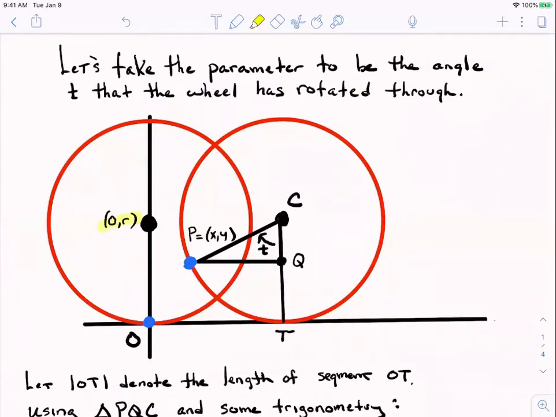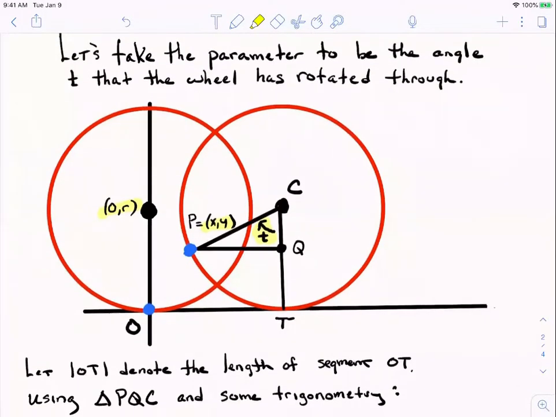And the second wheel, just imagine it's rolled a little bit. It's turned through this angle t. So the blue point has started to rise up. I've indicated its coordinates as x and y, and we're trying to say what those are in terms of t. We're going to use some right triangle trigonometry to answer that question.